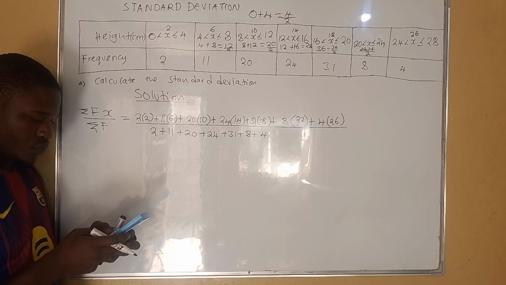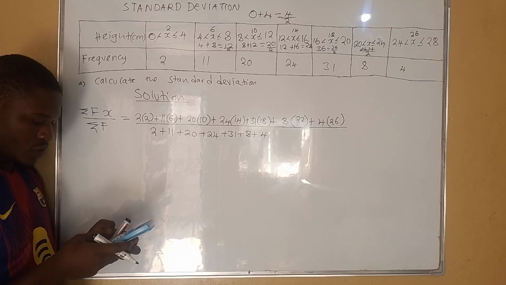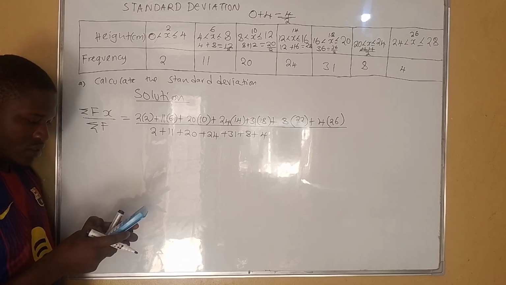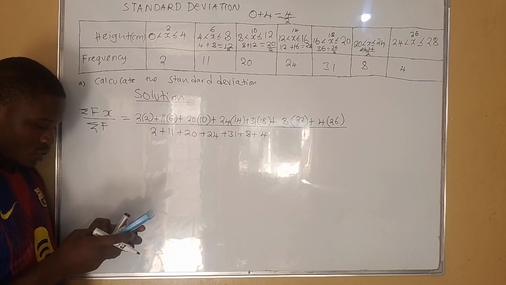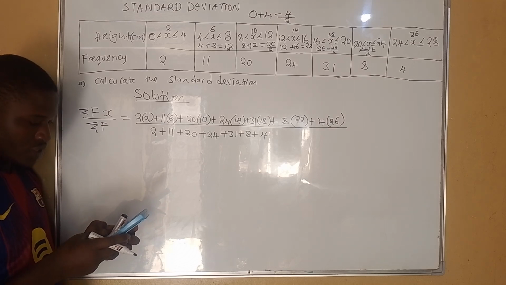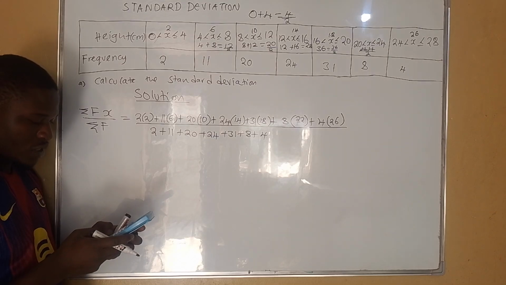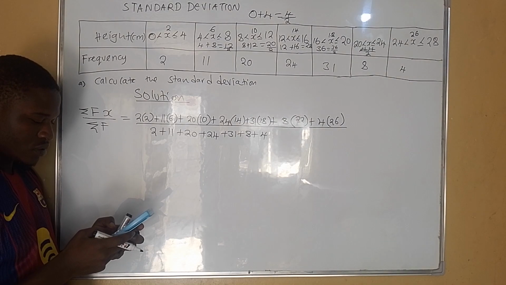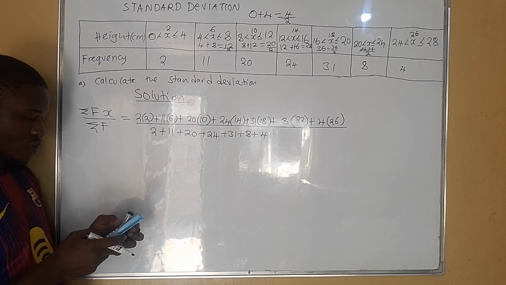So I have 2 brackets 2 plus 11 open brackets 6 close plus 20 open 10 close plus 24 open 14 close plus 3 open 18 close plus, this one is not 3, it's 1.